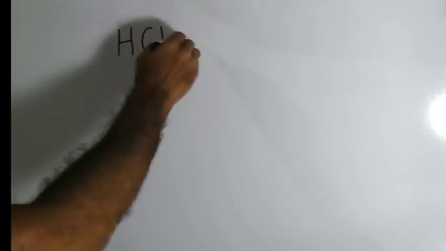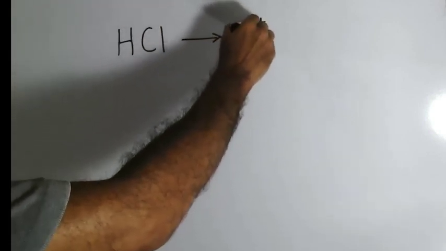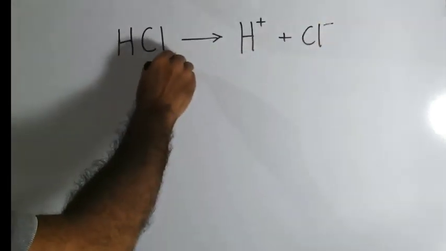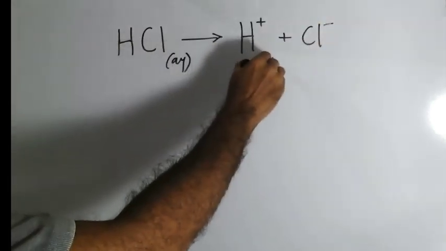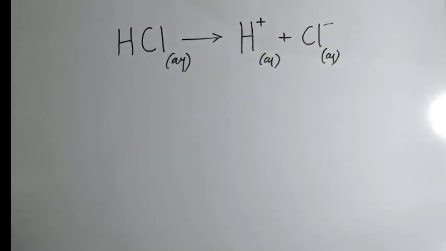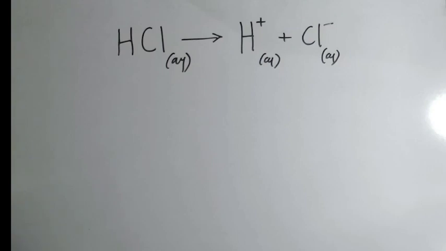Hydrochloric acid ionizes to hydrogen ion and chloride ion. So this will be in the aqueous medium. Now you can see hydrochloric acid produces a proton to the medium. Thus hydrochloric acid acts as an Arrhenius acid.